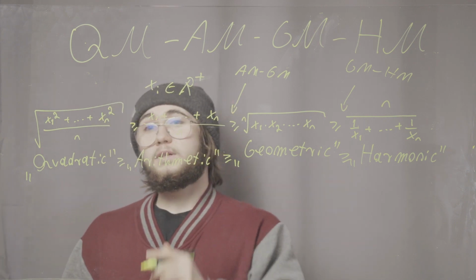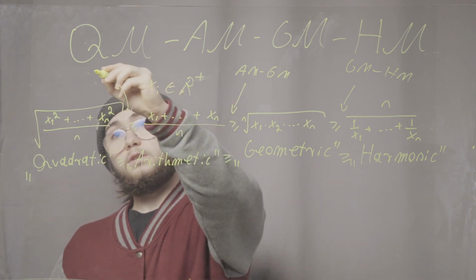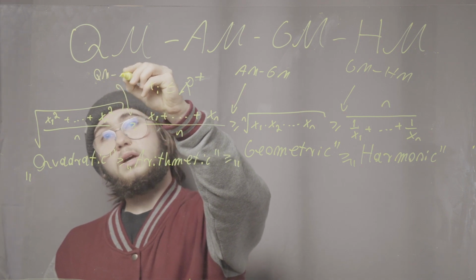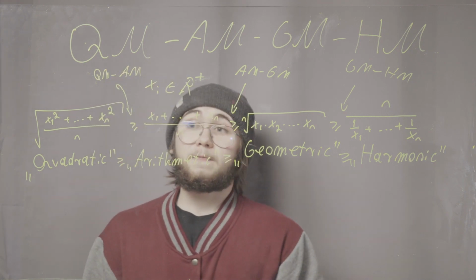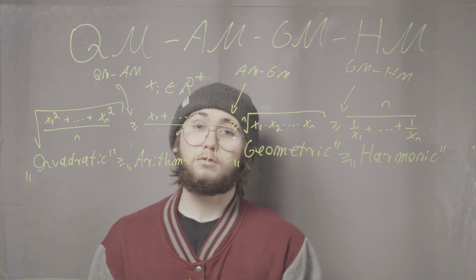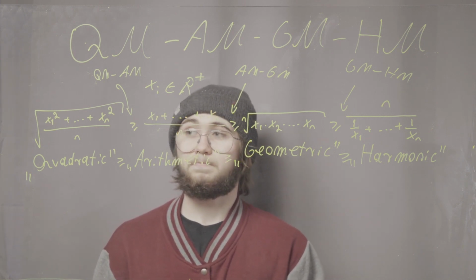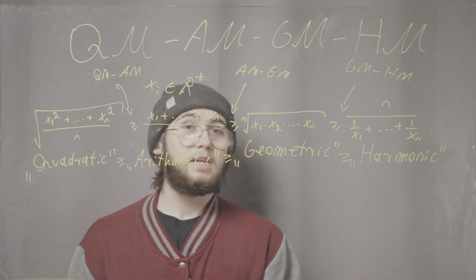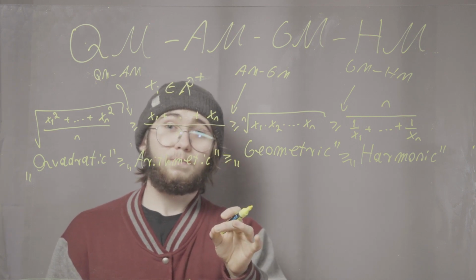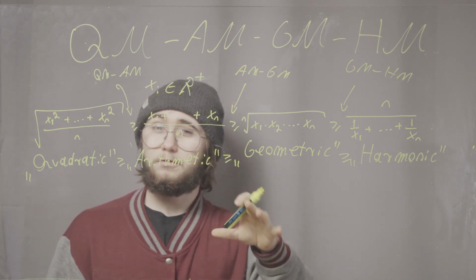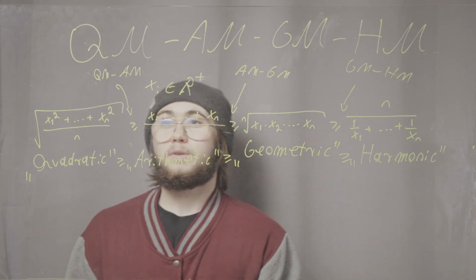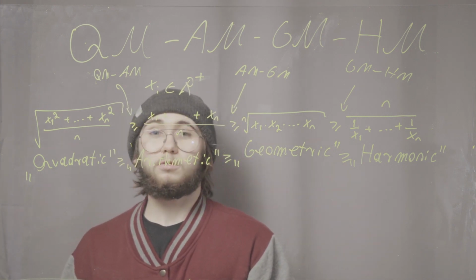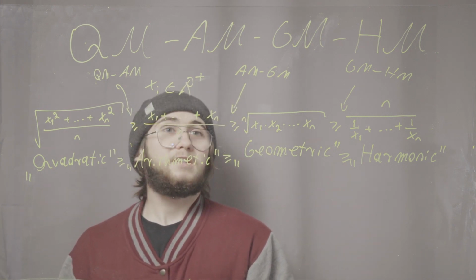We're not gonna be proving the QM-AM inequality today though, because this proof is kind of long and hard. We will do it, but in a few future videos on inequalities like Holder's, Cauchy-Schwarz, stuff like this.